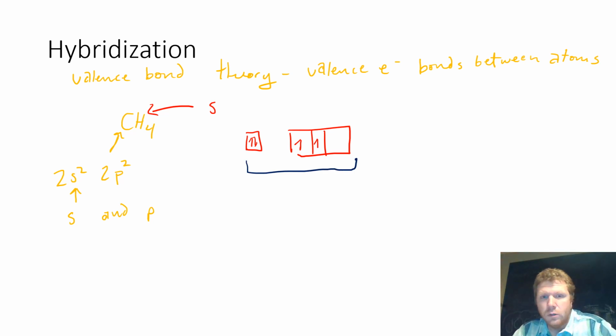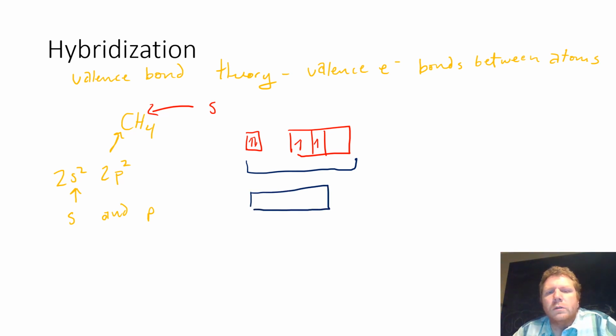By doing that, we will make a series of hybrid orbitals that are made up of 1 s orbital and 3 p orbitals. And it will look a little bit like this. Since it is made up of 1 part s and 3 p's, this is known as an sp3 hybrid orbital.